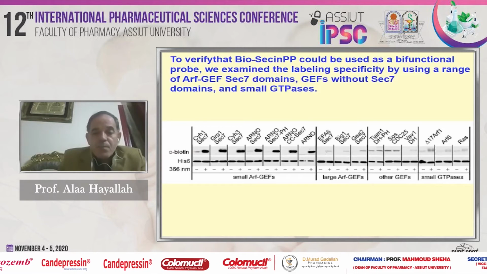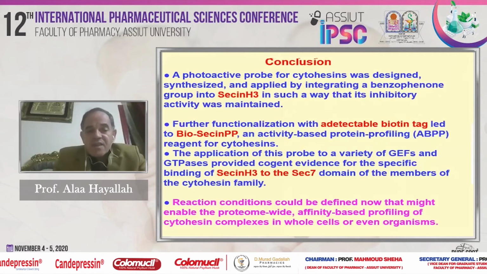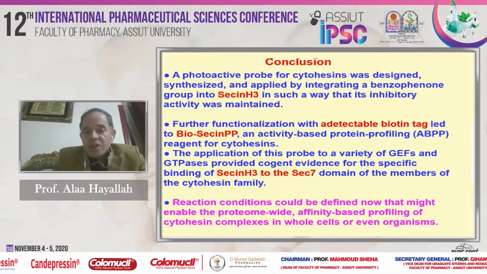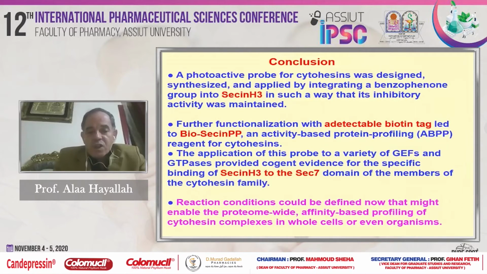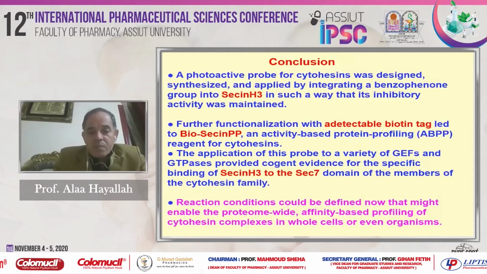Finally, a photophore probe for cytohesin was designed, synthesized, and applied by integrating a benzophenone group into cysteine H3 in such a way that its inhibitory activity was maintained.